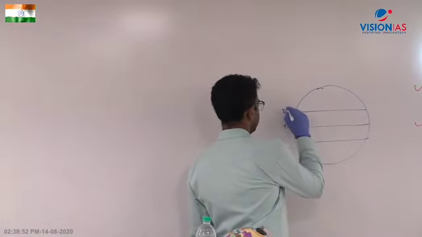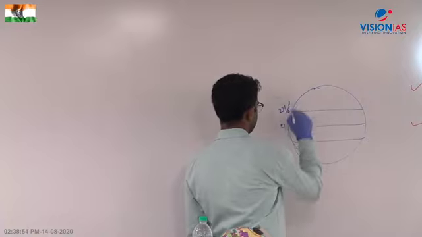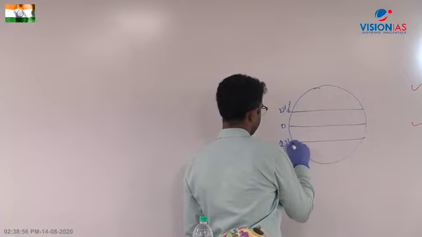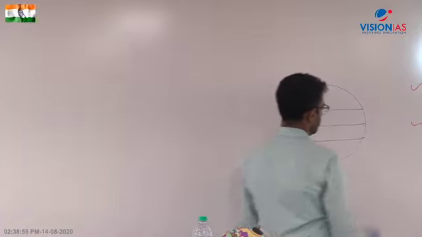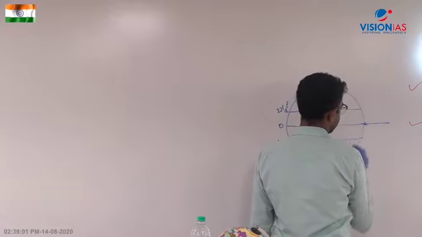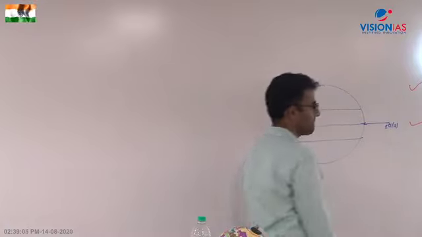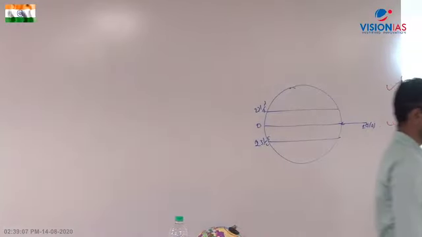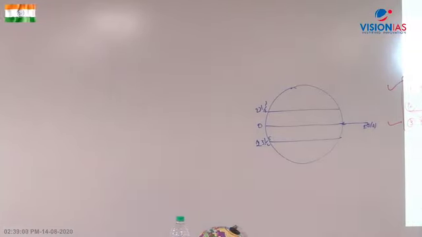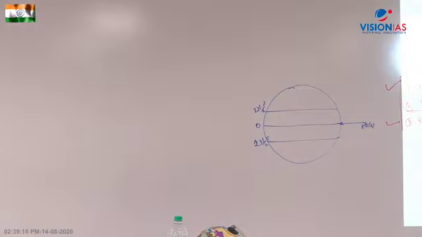This is 0 degree, 23.5 north, 23.5 south. The sun rays are falling vertically along the equator during the equinox, both spring and autumnal. So on the day of spring equinox, 21st of March, if you stand exactly on the equator, at 12 o'clock you will see the sun exactly above your head.